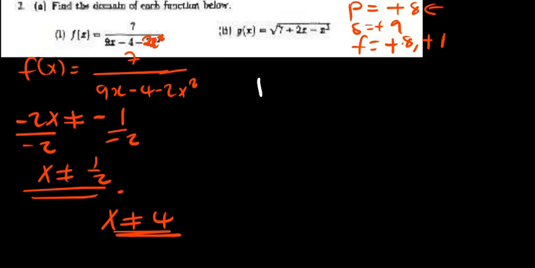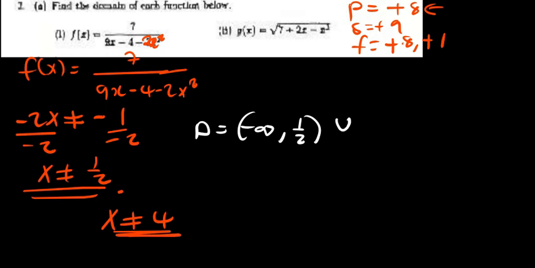So the domain starts from negative infinity, any number can fit all the way to 1 over 2, but 1 over 2 is not included. That's why it is open. I have not put it in. So 1 over 2 is not included.